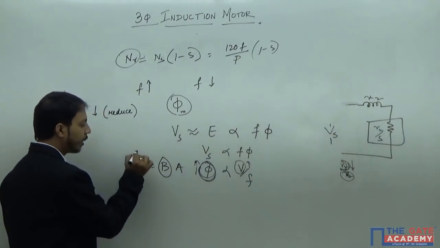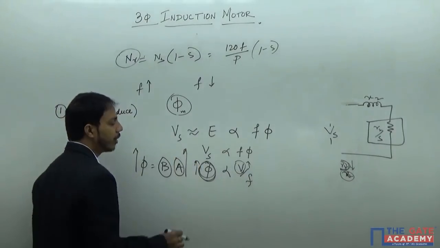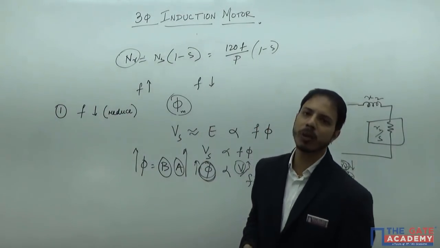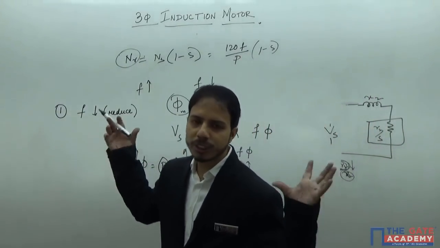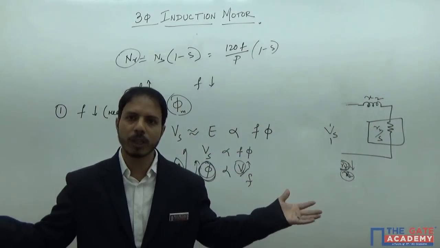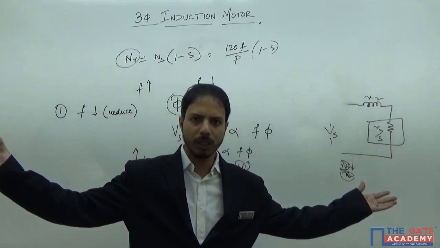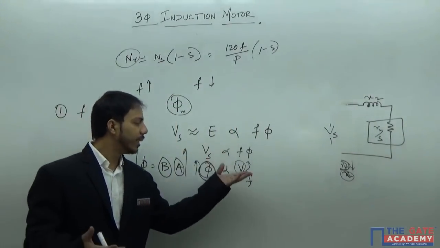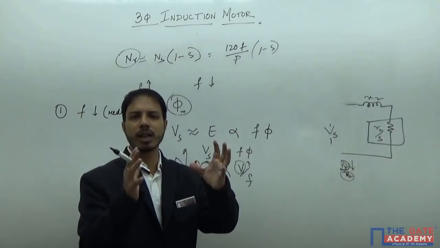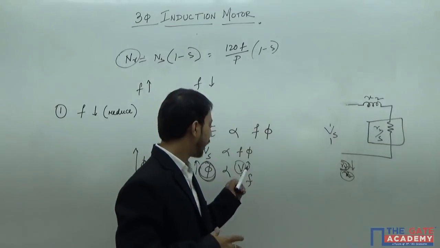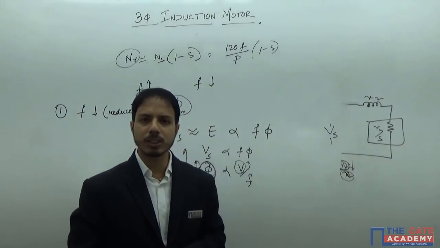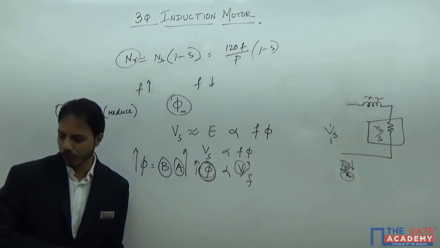So if phi increases, the area should increase. That's why high voltage transformers have a core with a higher area, or a bigger transformer. If the voltage reduces, the size of the transformer reduces. So the voltage has everything to do with the size of the transformer. I hope you got it.